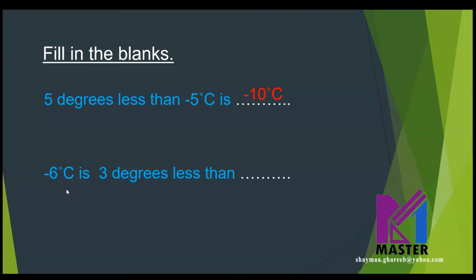So it will be negative 5, negative 4, then negative 3, which means negative 3 is 3 degrees more than negative 6. Or negative 6 is 3 degrees less than negative 3. Of course, negative 6 is less than negative 3.